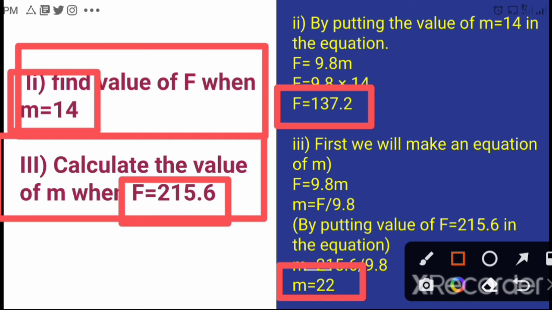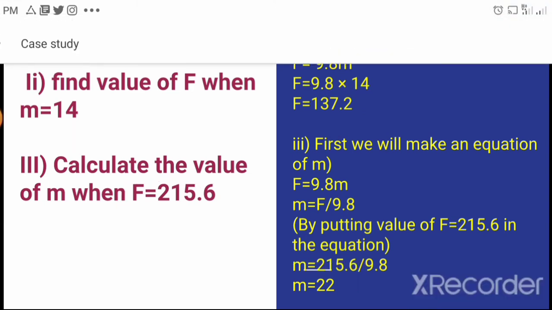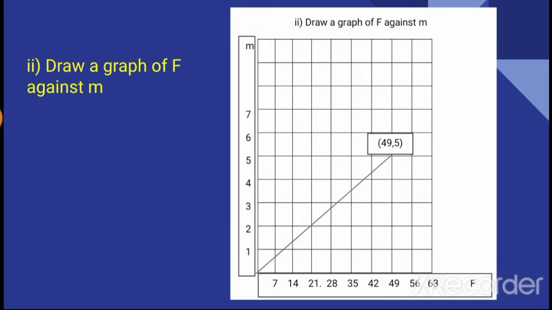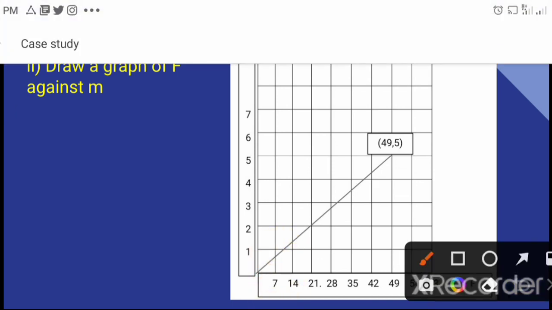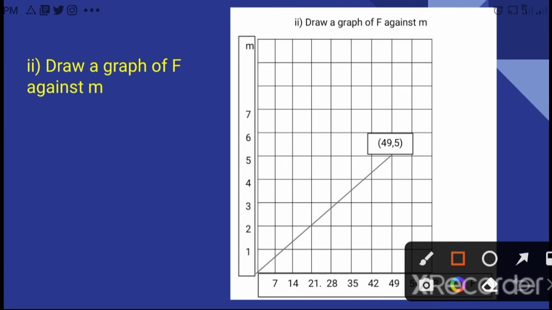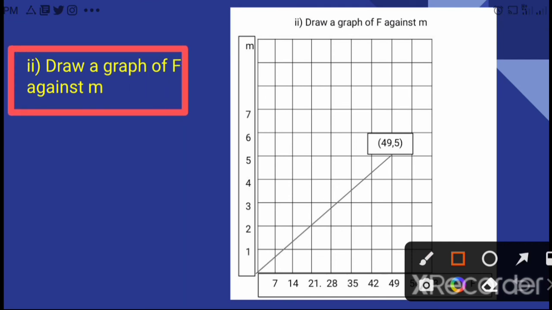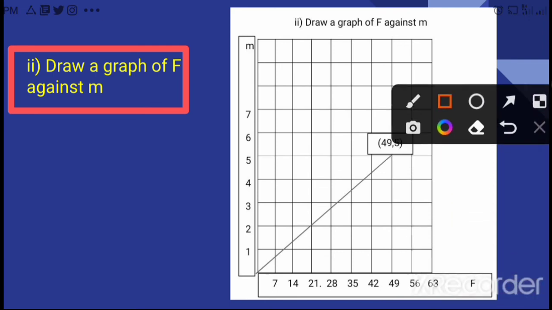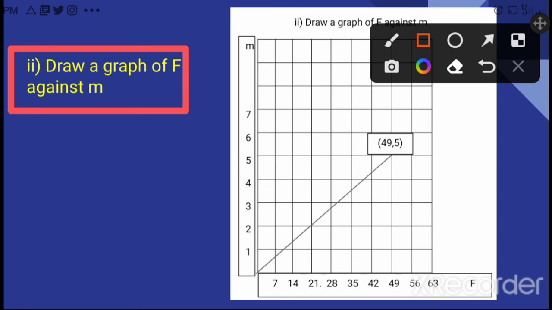So now moving to the next slide, the last part of this question, which is to draw a graph of F against M. For this purpose, we will first write down the values of F on the x-axis.